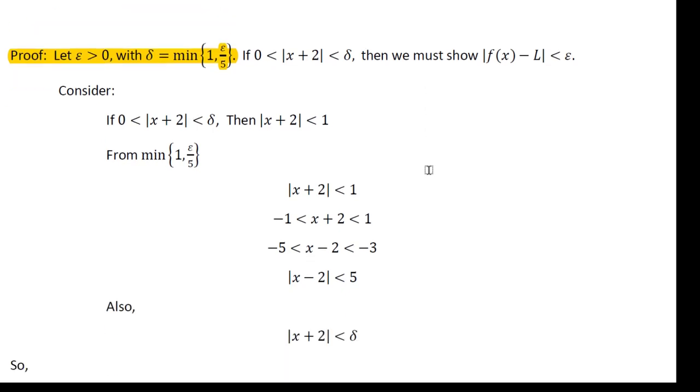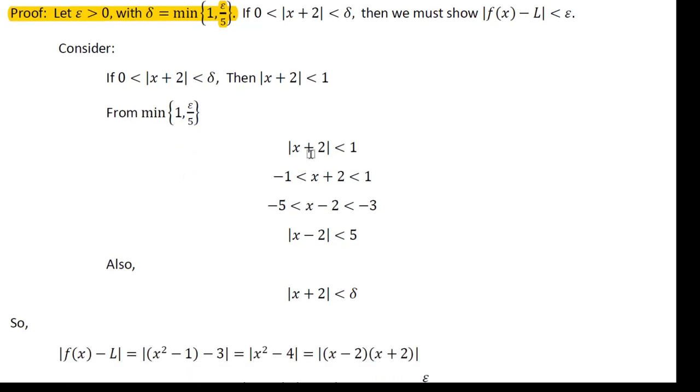Consider, if the absolute value of x plus 2 is less than delta, then the absolute value of x plus 2 is less than 1. This is x minus a is less than 1. From the fact that we have a minimum of 1 or epsilon over 5, we can say that we're close to x approaching negative 2.